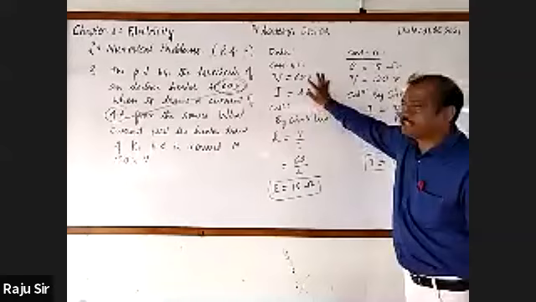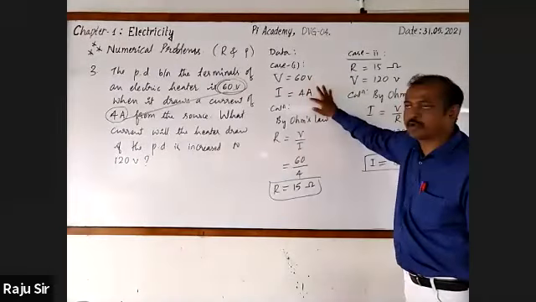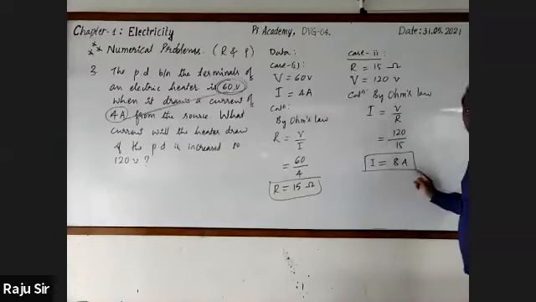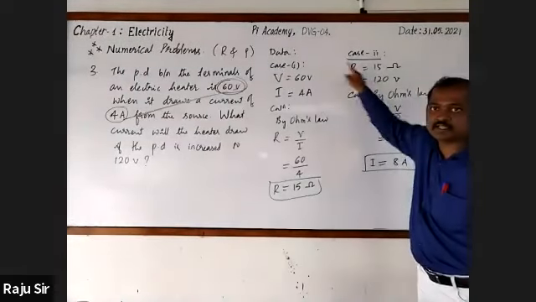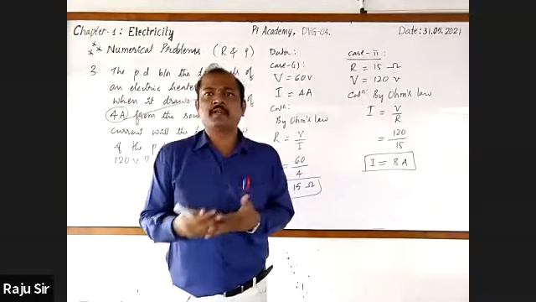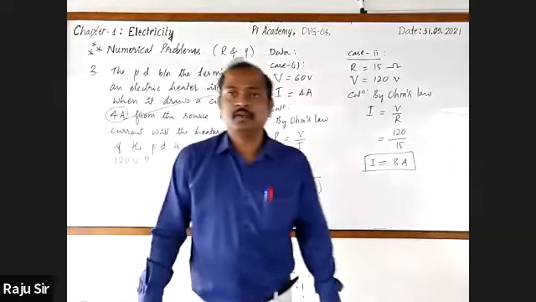Observe here. Here, voltage is 60, current is 4 amps. Here, voltage is 120, current is 8 amps. As the voltage increases, current also increases. That you can verify just by recalling the statement. Okay.